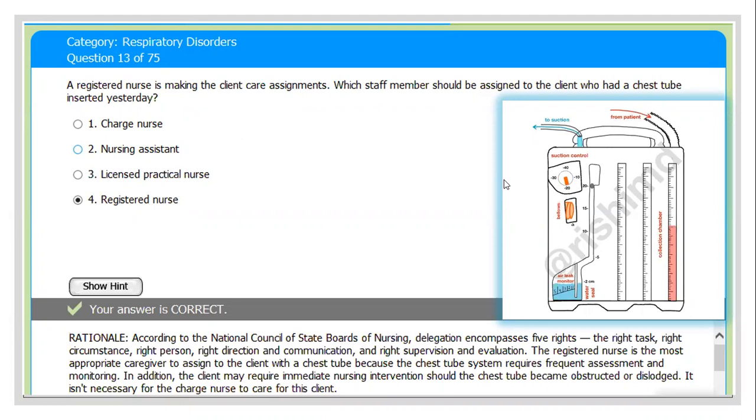Determining the plan of care is the role of the RN. When we need to care for the most critical, unstable patient, an RN is always assigned.